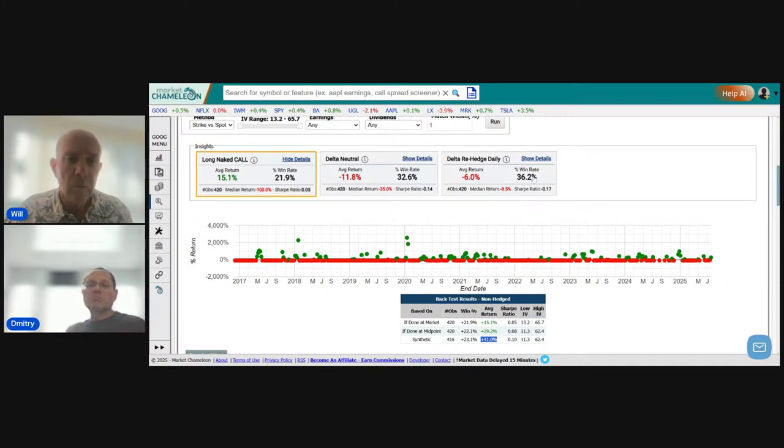Well, here the win rate went up again, 36.2%, but the average return, while better than this middle one, is negative 6%, which is suggesting that over time, this particular option on a delta neutral basis, trading realized versus implied volatility, the implied volatility tended to overestimate that volatility. Okay, that's what this is suggesting.